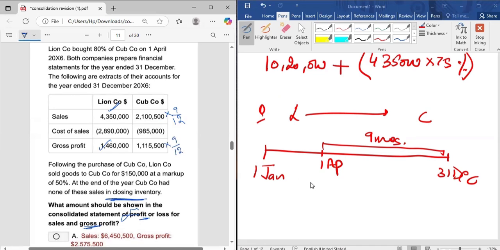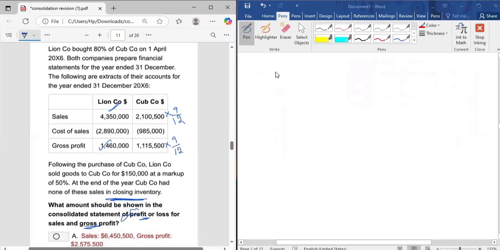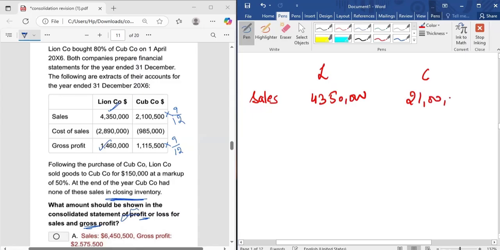Right? So let me do it here. This is my Lion Company. This is my Cub Company. Sales: 43 lakh 50,000, and for Cub Company it is 21 lakh 500 multiplied by 9 by 12.